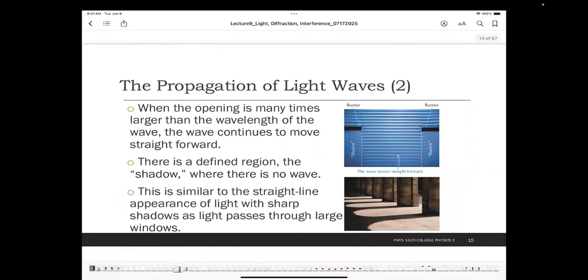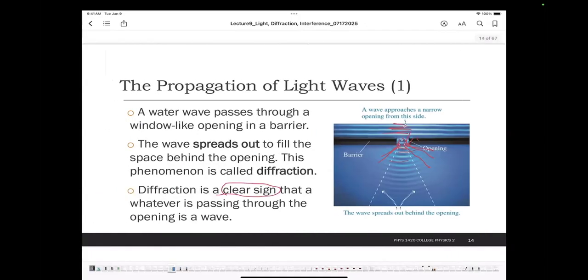Okay, let's continue to talk about the propagation of light waves. This is the wavelength, from here to here, and you can see the opening is close to or smaller than it, and there will be the diffraction phenomenon.